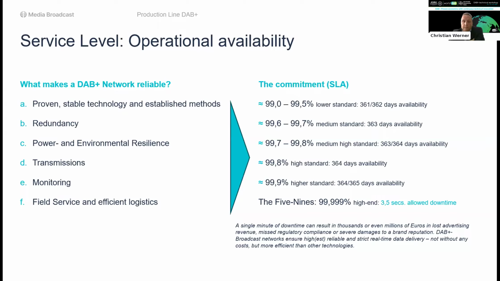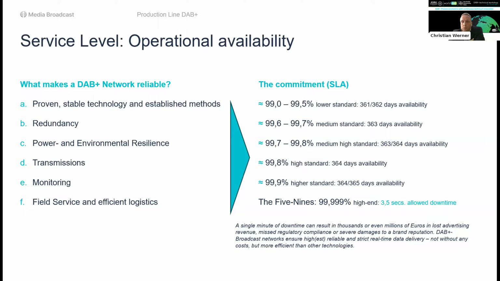Now, what is the currency we are working with if we are talking about reliable networks? We are offering service level agreements to our customers, and we have here 99 to 99.5% availability, which is a very low standard. I think you will not find it in Germany anymore, but it would mean 361 to 360 days of availability of your network.